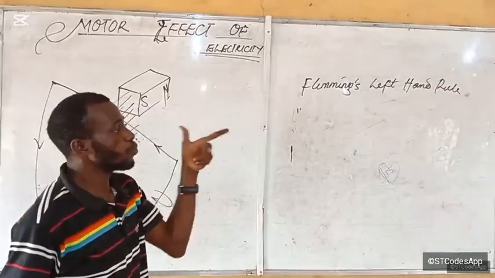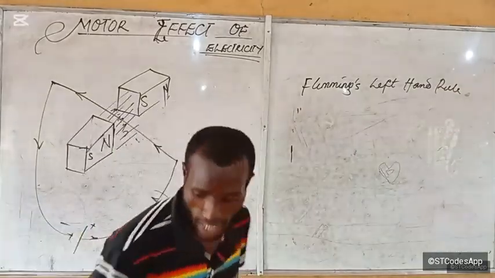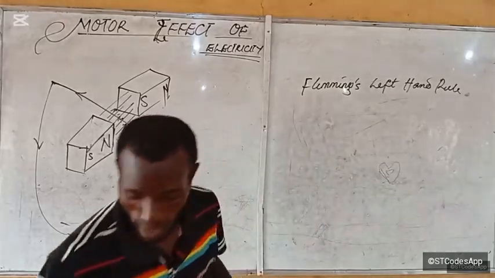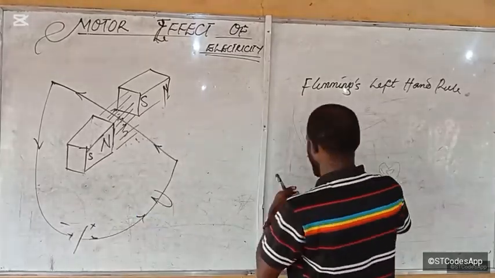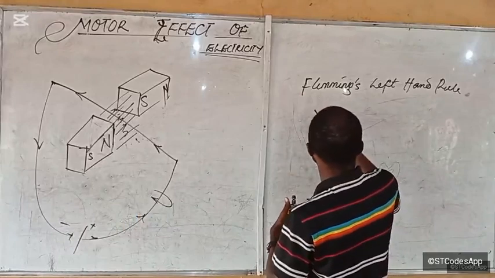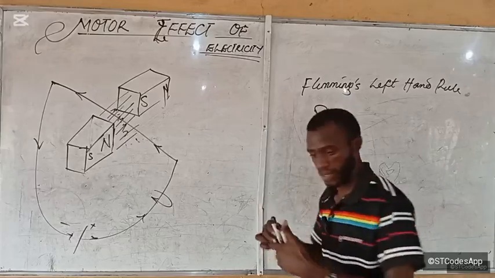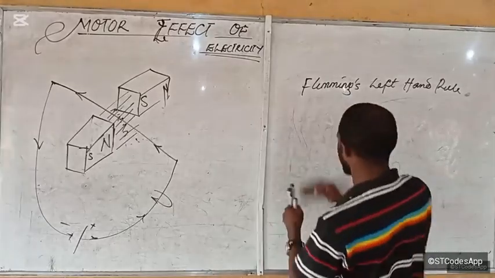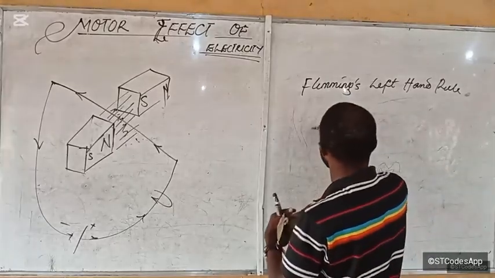You use your left hand, you put your, okay, let me try to draw it so that you will have what I'm understand what I'm trying to say here. The Fleming's left hand rule, you're gonna have, oh no, the thumb, right? It's going to draw the thumb.